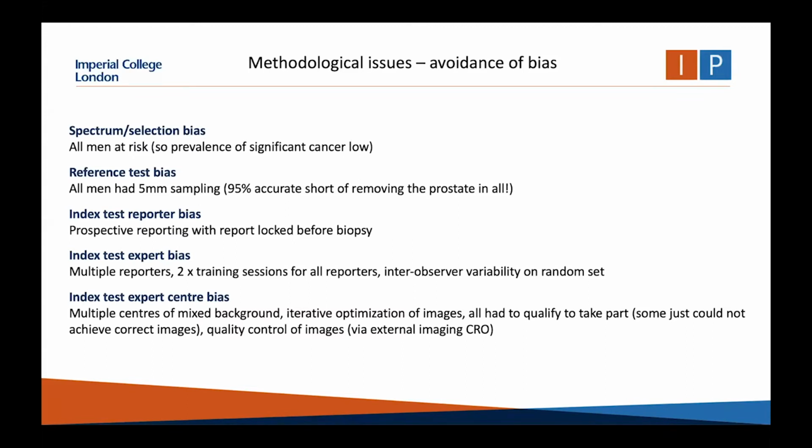The index test, the MRI, we obviously needed to make sure that was blinded. And so the report was prospective and locked before the biopsy. A lot of the previous studies within the literature had consensus approaches where they had the biopsy and the MRIs side by side, or the pathology side by side, and you'd have to come up with a consensus as to whether the MRI was right or wrong.